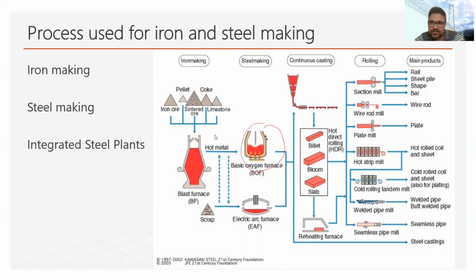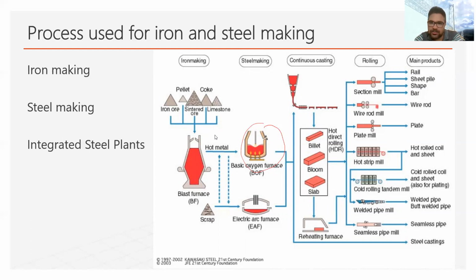And in the blast furnace, hot air is pumped to melt the iron and the other material which is charged along with them at a temperature of around 1600 degrees Celsius. At this temperature, the material melts. Now the molten material, if it is cooled and solidified, will be known as pig iron or simply iron.